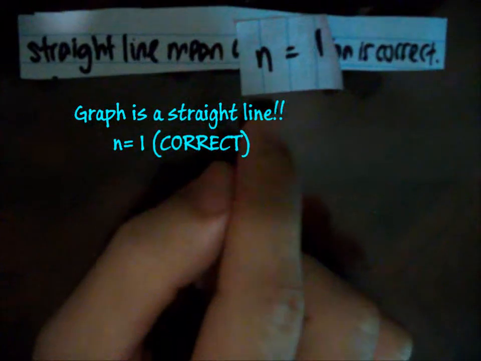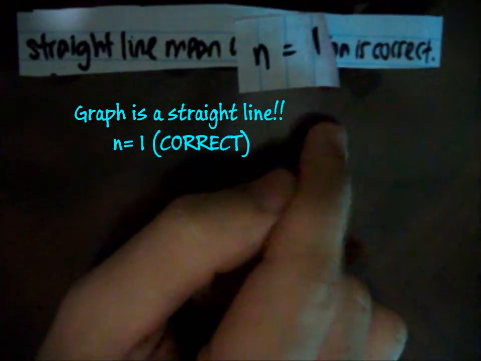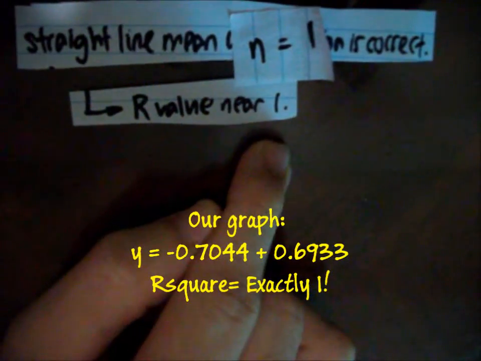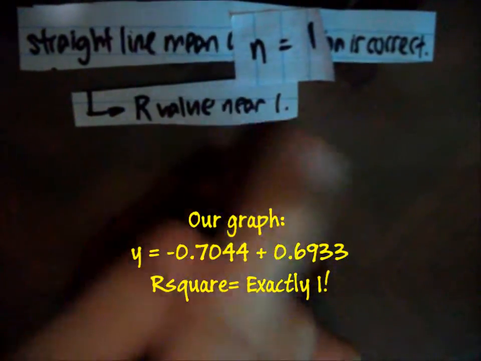If the graph gives a straight line, it means that the assumption we made, that the overall order of reaction is equal to 1, is correct. For a straight line graph, we also have to know that the R squared value is near 1, which means our graph is correct.